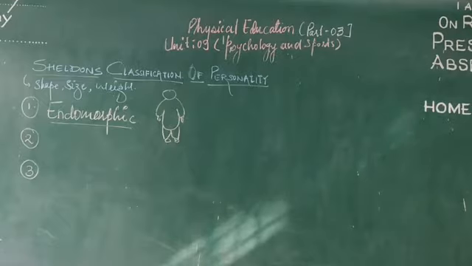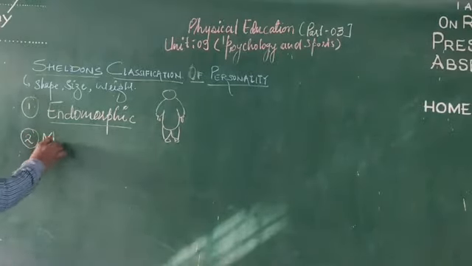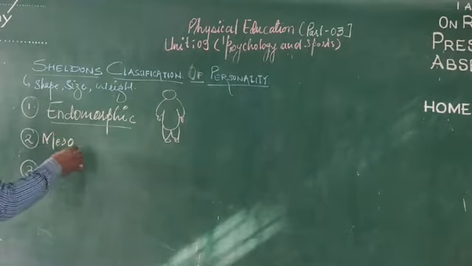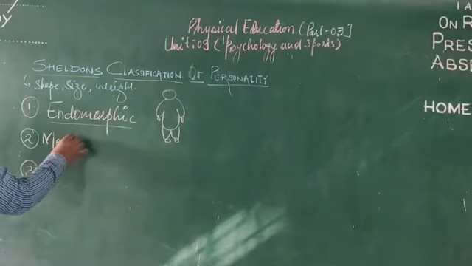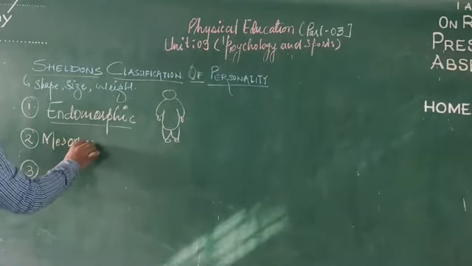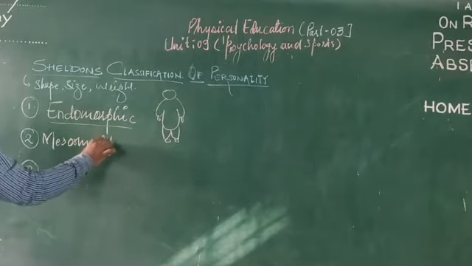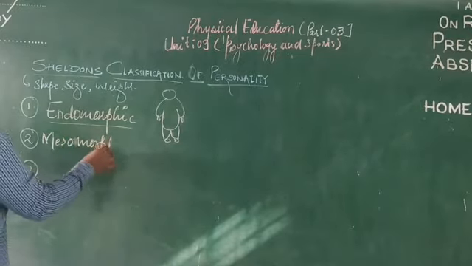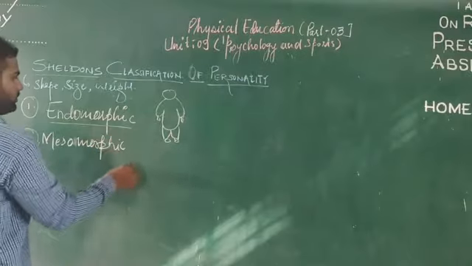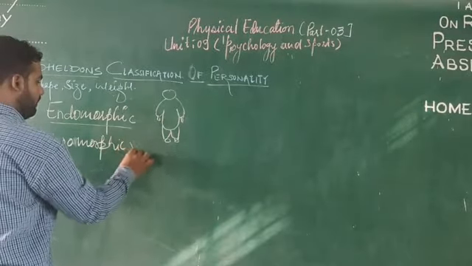Mesomorphism, the next thing. So mesomorphic persons, they have a V-shaped body.